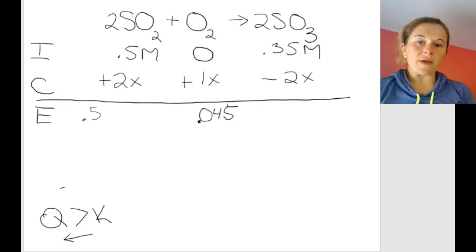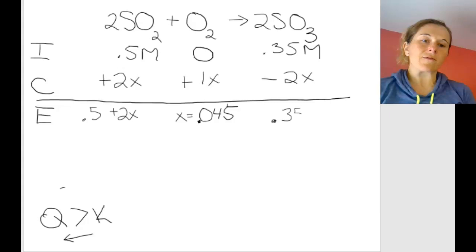Here we've got 0.5 plus 2x. Here we've got 0 plus 1x gives us 0.045. So hopefully we see pretty easily that x equals 0.045. And here we have 0.35 minus 2x.